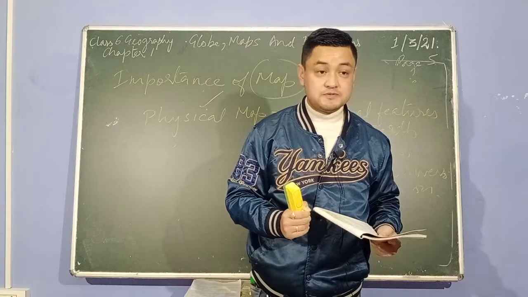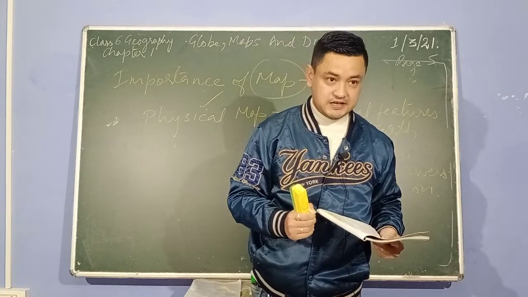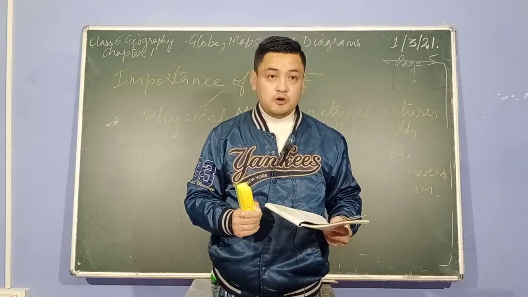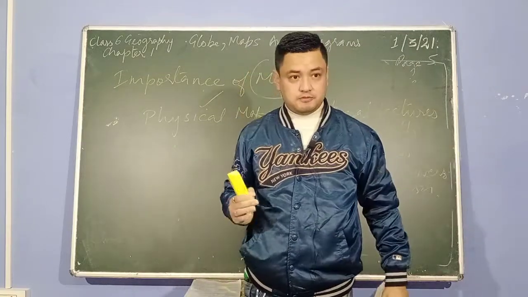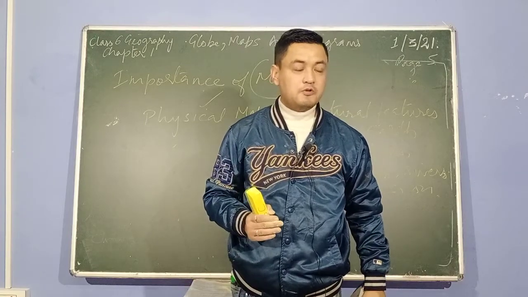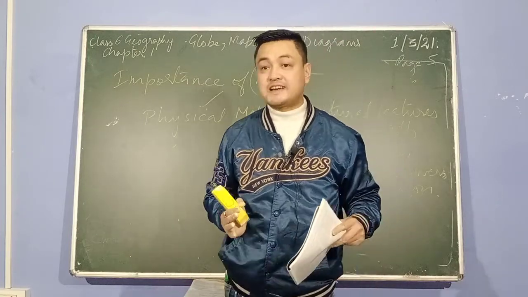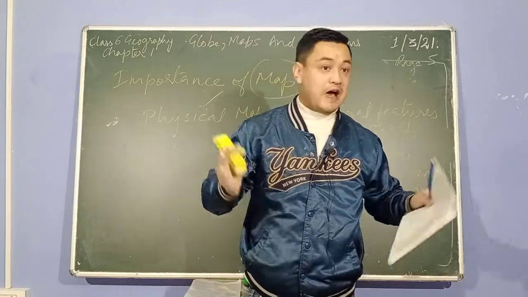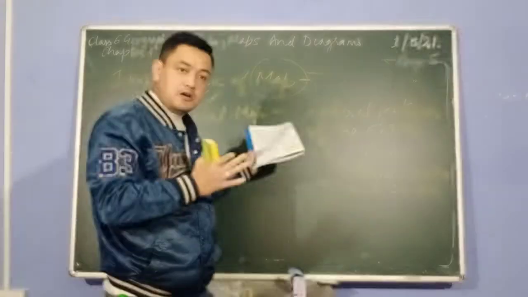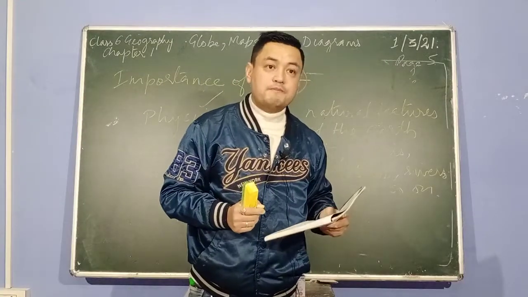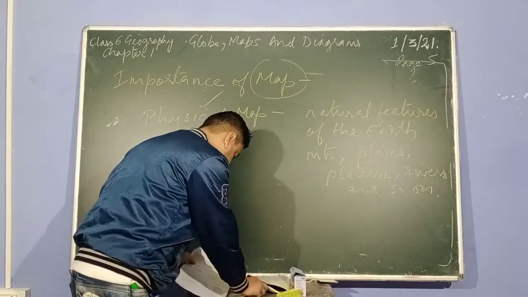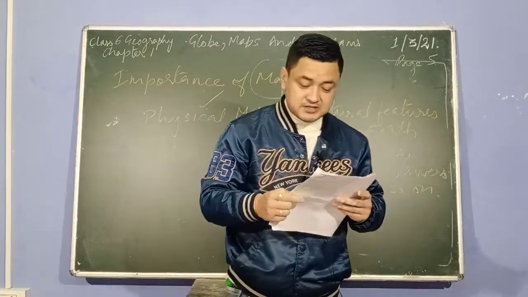But weather changes from hour to hour, day to day, and season to season. So by 12, it might be raining also, or it might be cold also. We will not be able to predict the weather condition of Kalimpong or any other place. So weather maps are also shown in a map. This is the importance of maps that you will be studying.